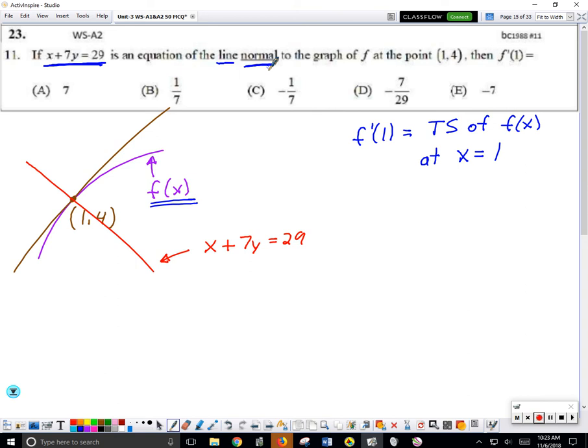So normal to f. I drew my guess of what f looks like. At (1, 4), I drew the point on f. Normal means perpendicular to the tangent. So I drew the tangent and the normal. You have to have both. Yeah, you're good. 2 points.